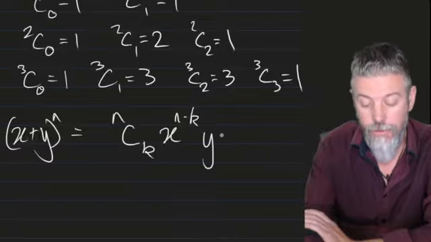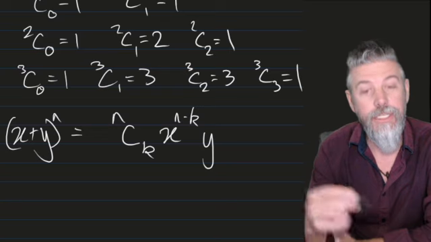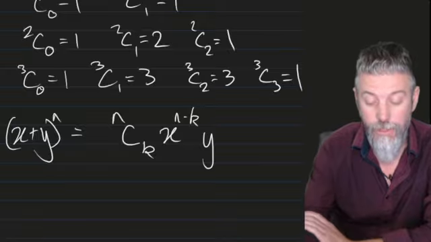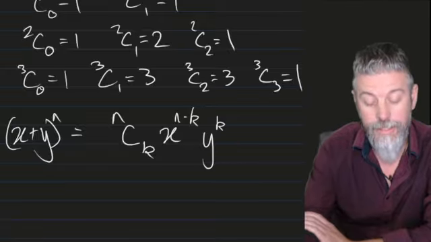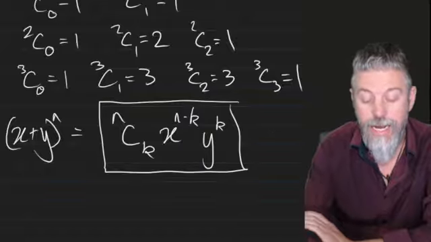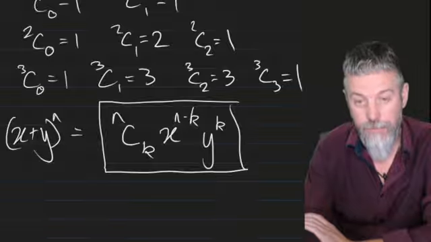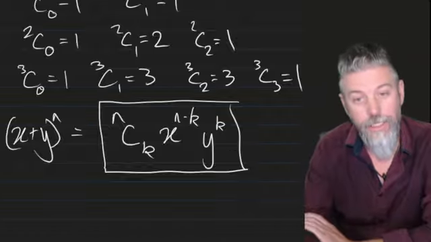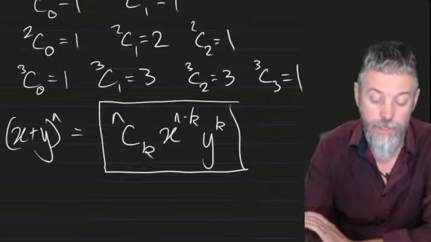And the y value, it's increasing. It starts at 0 and goes up. So the kth term would be y to the k. And we can actually go straight to any term in the expansion of our binomial by putting some k value in, and we would get that expansion.